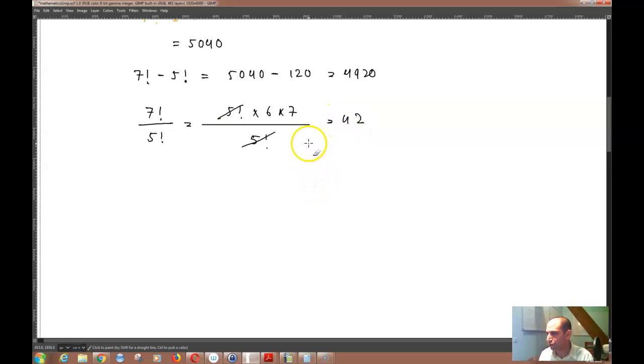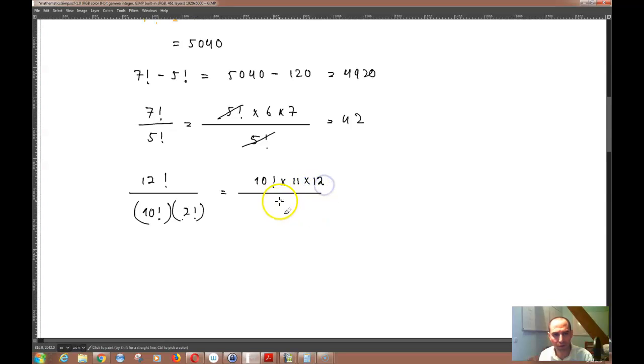Or if you have 12 factorial over 10 factorial times 2 factorial, you can write this as 10 factorial times 11 times 12 over 10 factorial times 2. You can simplify these, and that would be 6 times 11, so that would be 66.